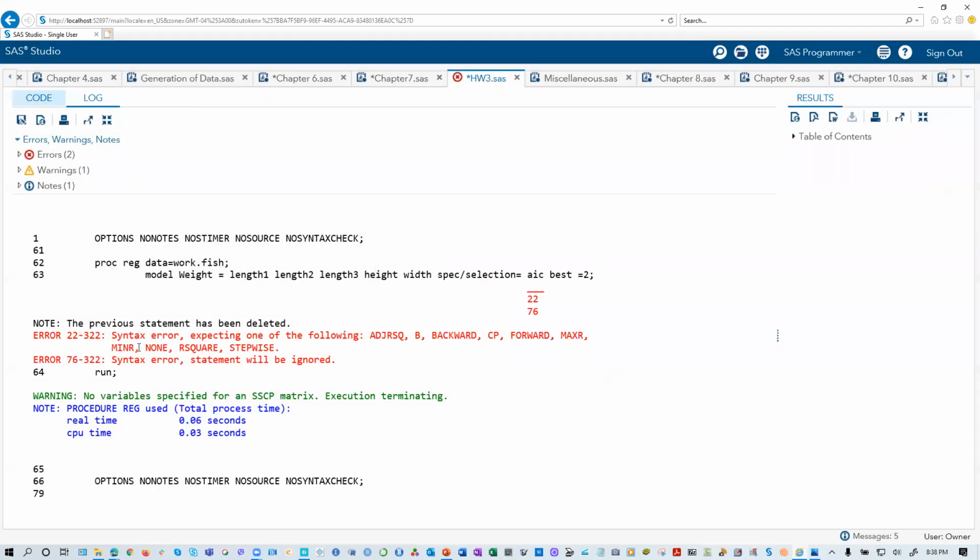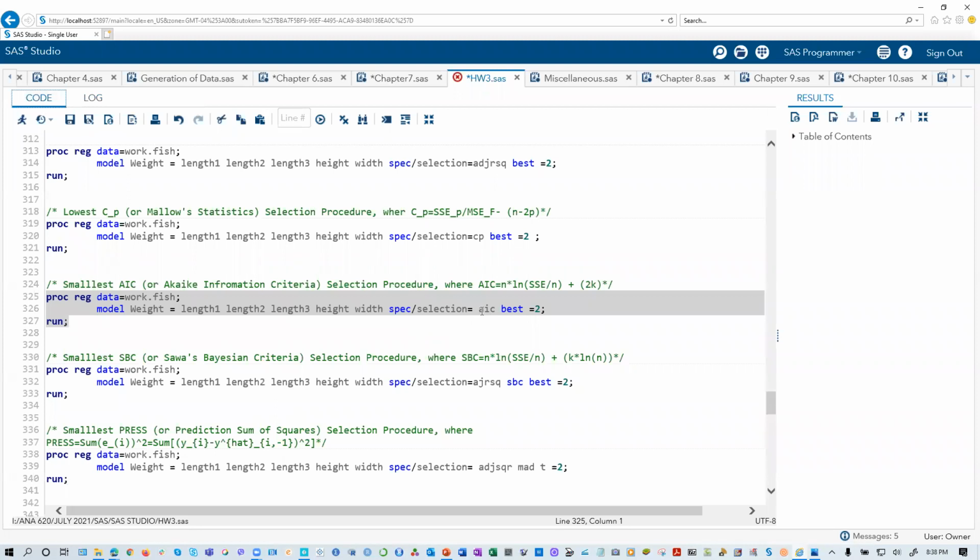That means the syntax is expecting one of the following. One of these options is required to go along with that one. Otherwise, it won't work standalone. See, that means I'm going to put adjusted R square.